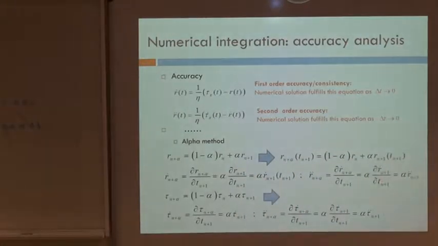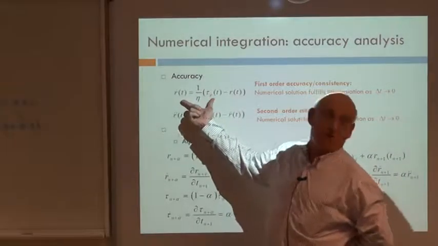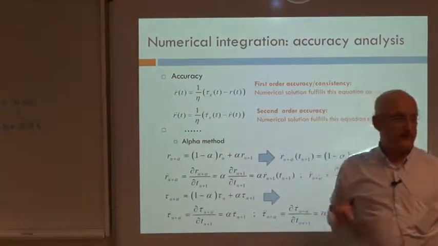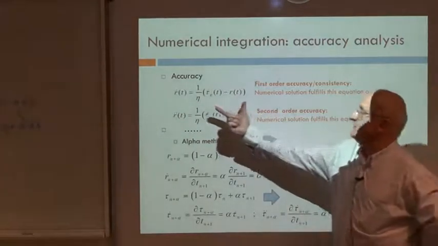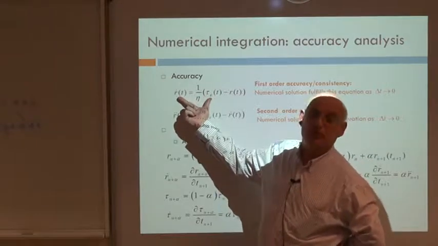Well, let's talk now about accuracy. Accuracy is related to the way that the numerical integration scheme fits or reproduces the partial differential equation you want to solve. For instance, in that case, we want to solve this partial differential equation numerically. We want to integrate that.